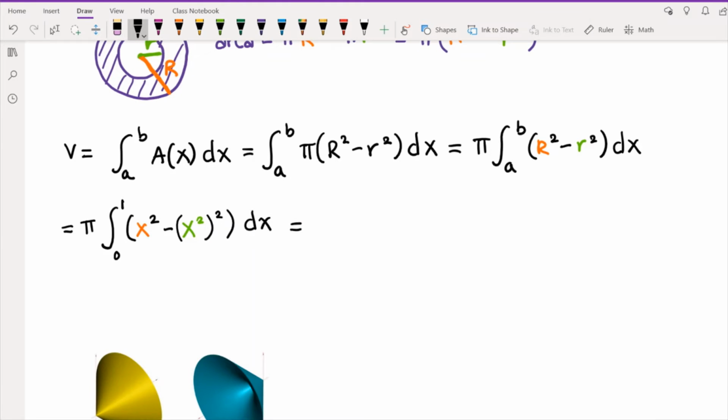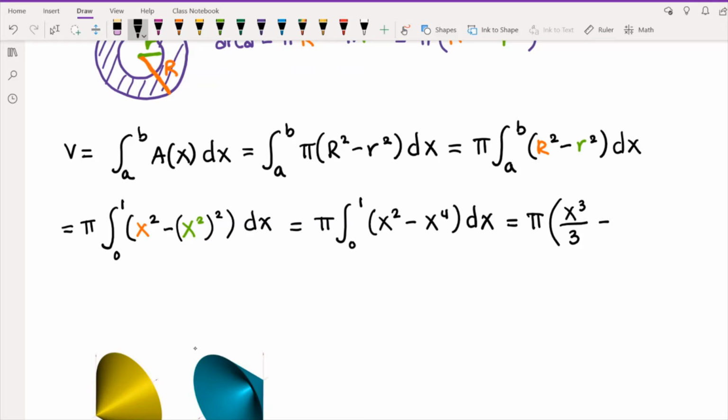And so this is going to come out to be pi times the integral from 0 to 1 of x squared minus x to the fourth dx. And so if we take our antiderivative, that's going to be x cubed over 3 minus x to the fifth over 5. And we're evaluating those at 1 and at 0.